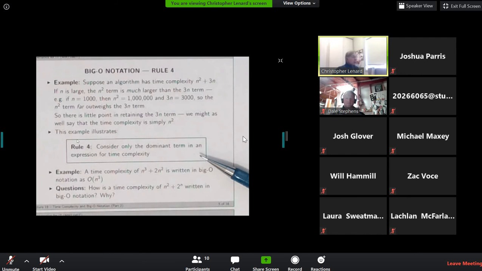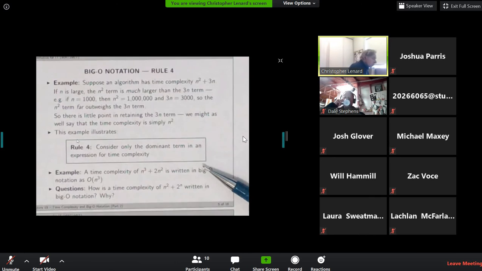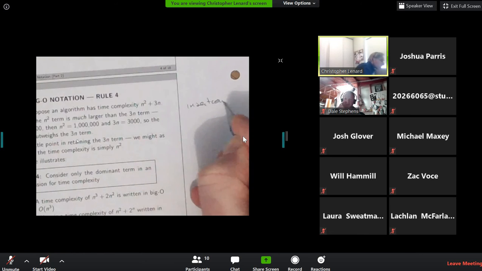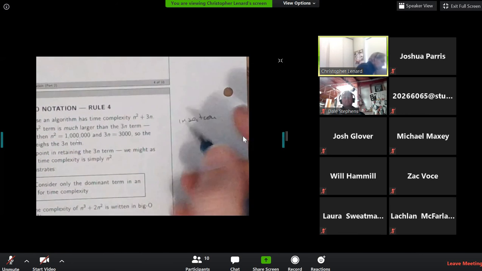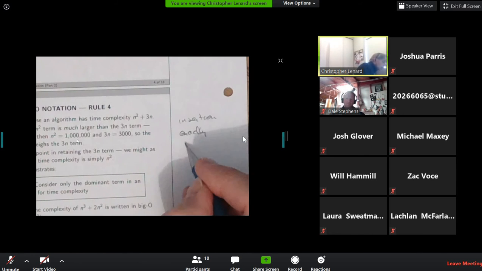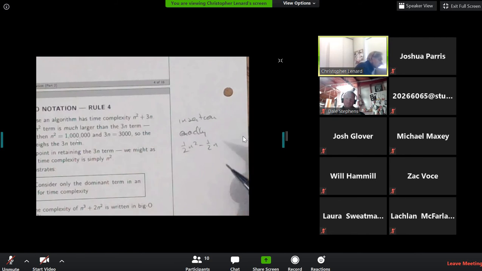We can write out a formula for the exact number of operations in an algorithm. So for insertion sort, the exact number is a half n squared minus a half n.